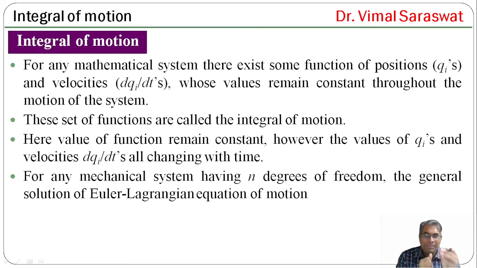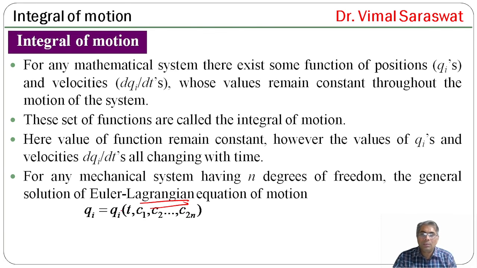For any mechanical system having n degrees of freedom, the general solution of Euler-Lagrange's equation of motion is qi, a function of t, c1, c2, up to c2n, where i is running from 1 to n.